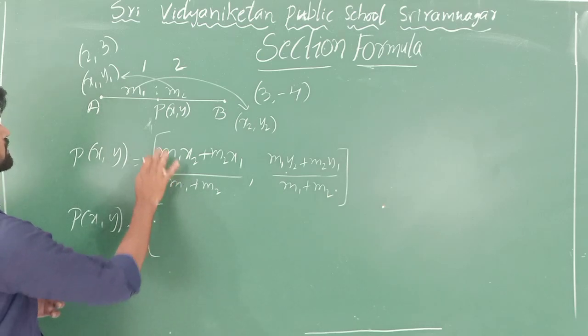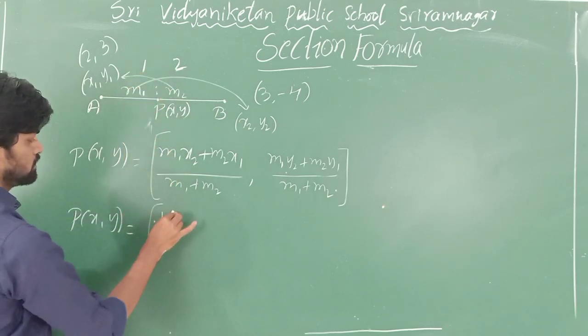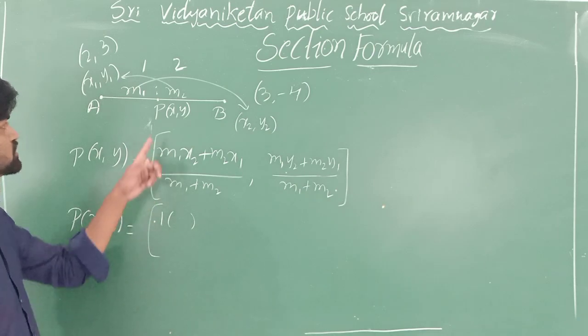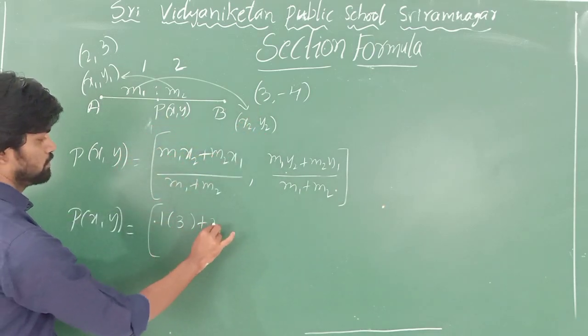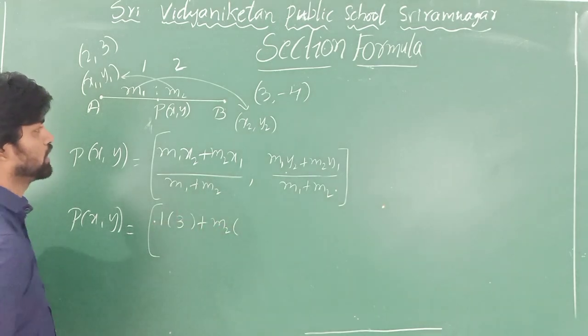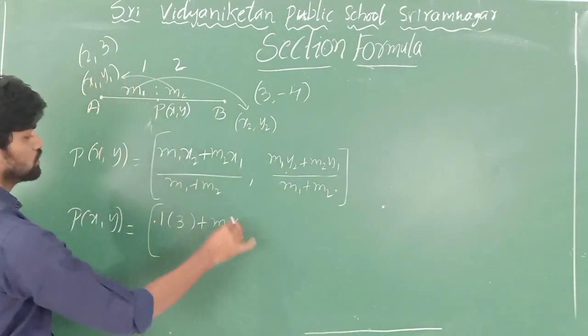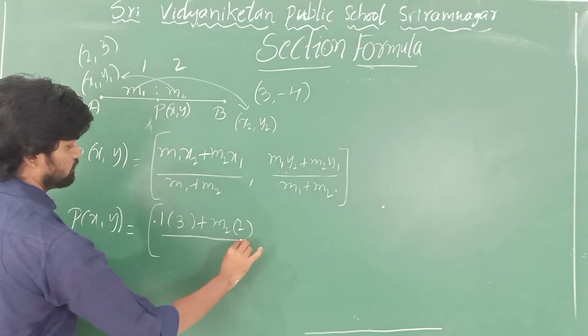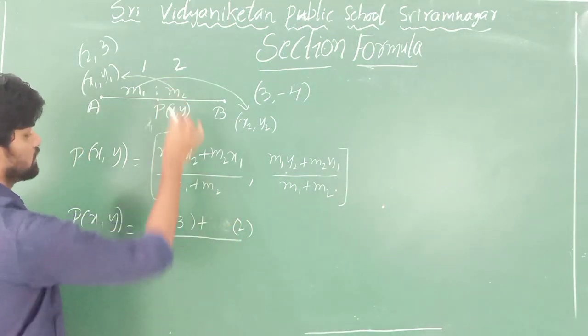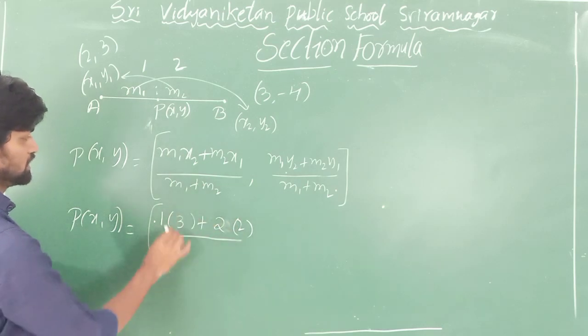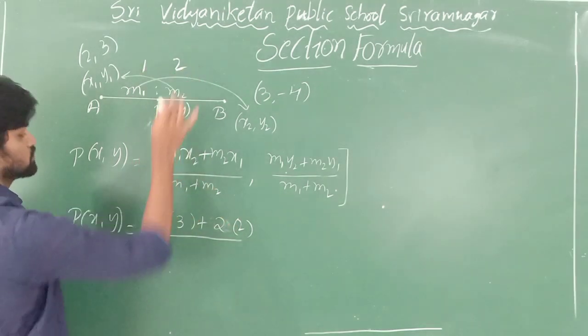M1 is 1 into x2, which is 3, plus M2 into x1, M2 is 2 and x1 is 2, divided by M1 plus M2, that is 1 plus 2, which is 3.